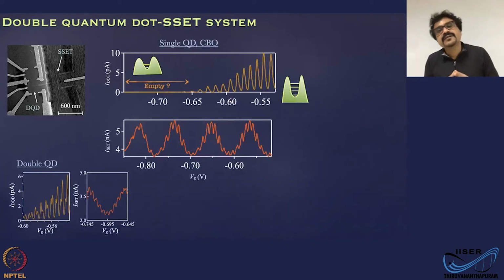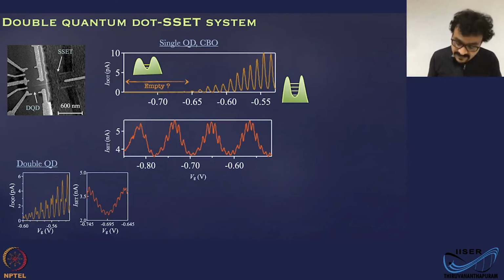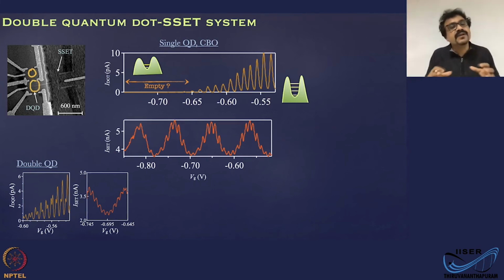Now, just to finish, let us take a look at charge sensing using a superconducting single electron transistor on a double quantum dot system. Okay, so in this case, what you have is two quantum dots. You have quantum dot 1 and quantum dot 2 defined by the gating technique.